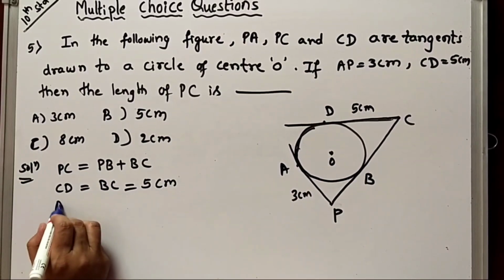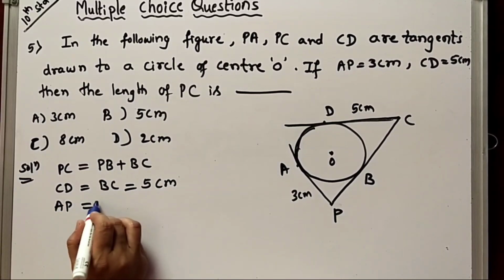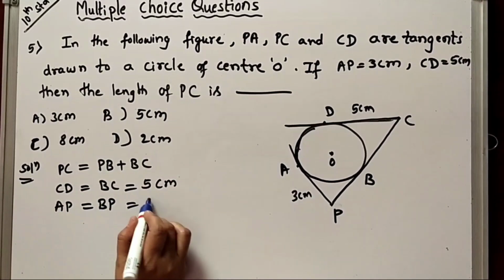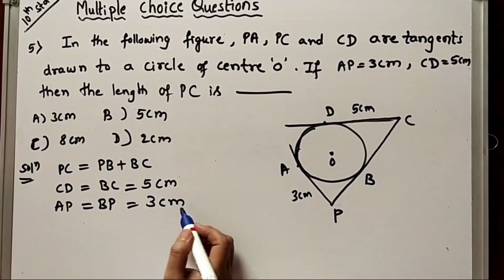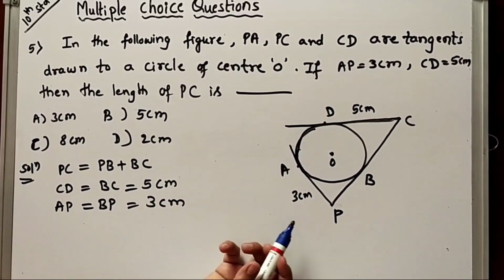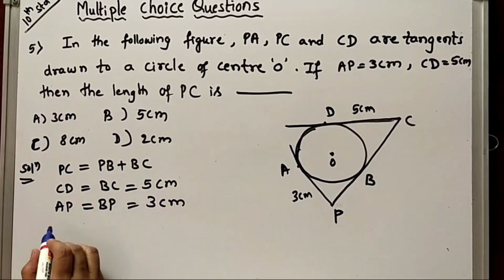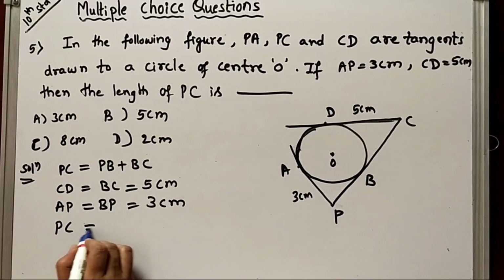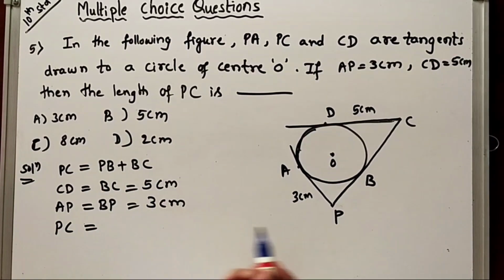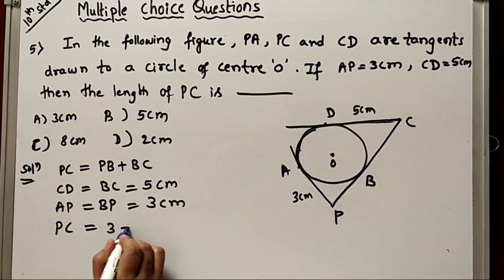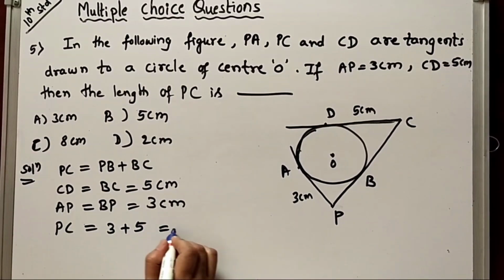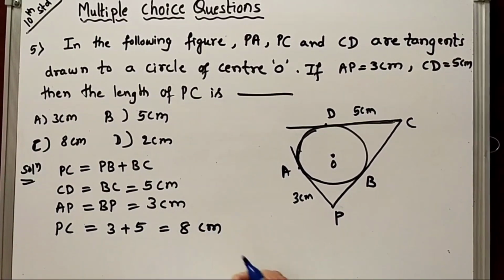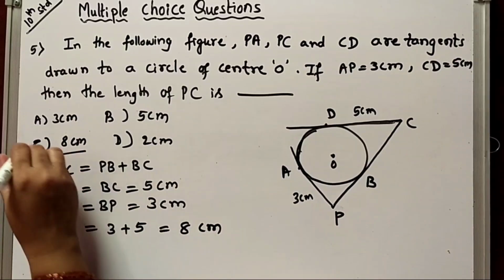And next, same thing, AP is also equal to BP, that is also equal to 3 cm because tangents are equal. Then PC is equal to PB plus BC. BP is 3 cm, BC is 5 cm, is equal to 8 cm. So option C.